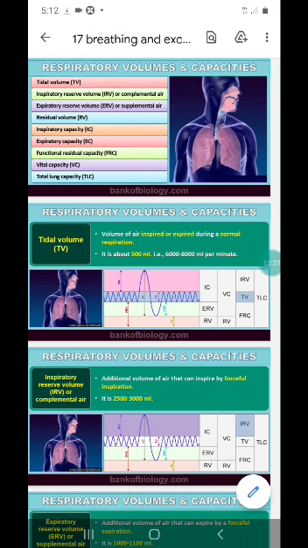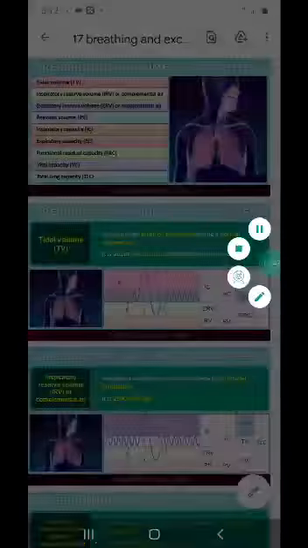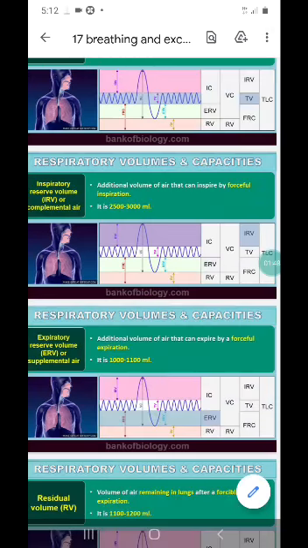So that is called inspiratory reserve volume and expiratory reserve volume also. Inspiratory reserve volume is the additional volume of air that can be inspired by forceful inspiration. In the same way, expiratory reserve volume is the additional volume of air that can be expired by a forceful expiration.